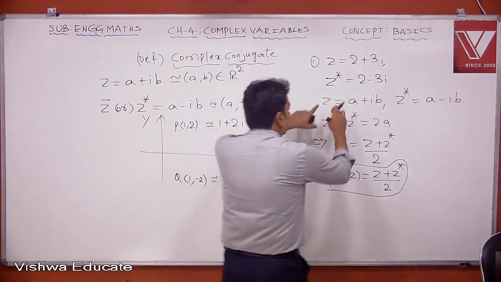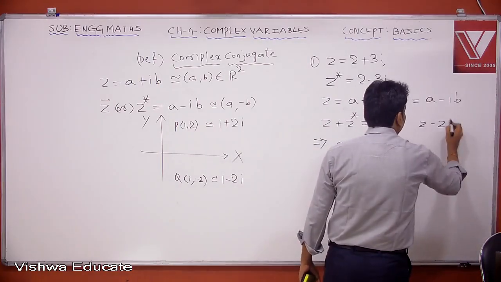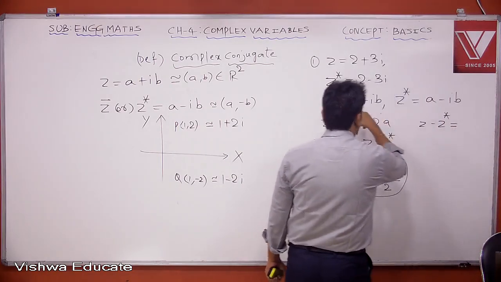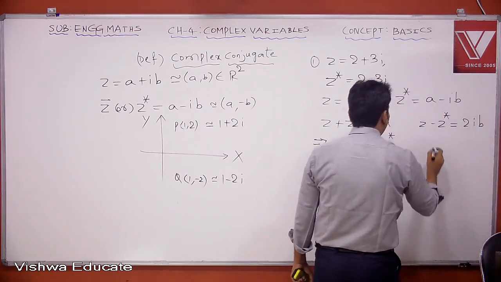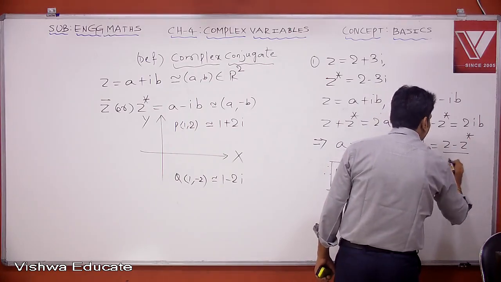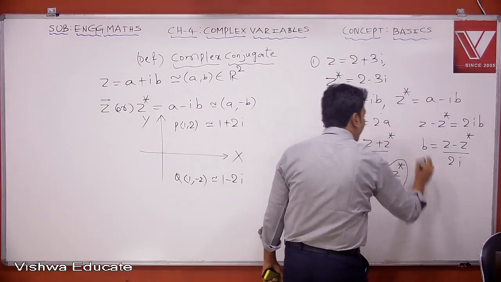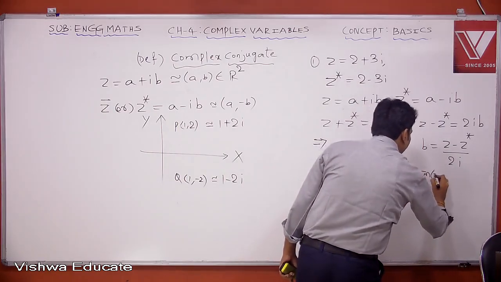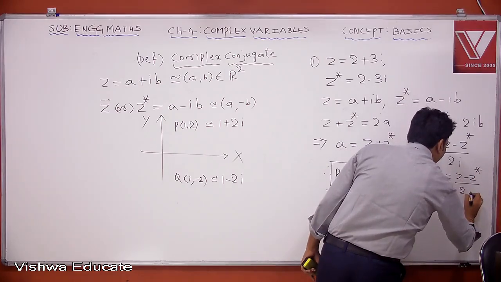Now, if I find the difference of these two, z minus z star, the real part will be cancelled. I will get 2ib. Therefore, in this case, b equal to z minus z star divided by 2i. But what is this b? This b is nothing but the imaginary part of z. Therefore, imaginary part of z is z minus z star divided by 2i.